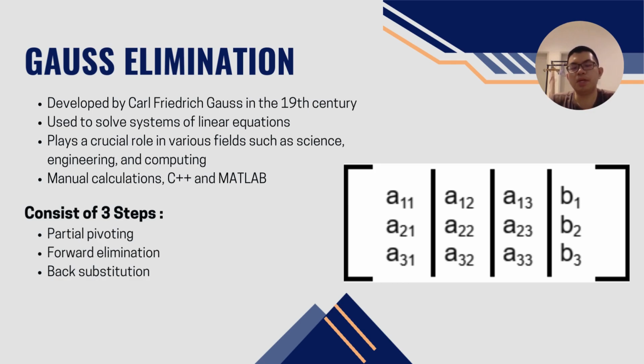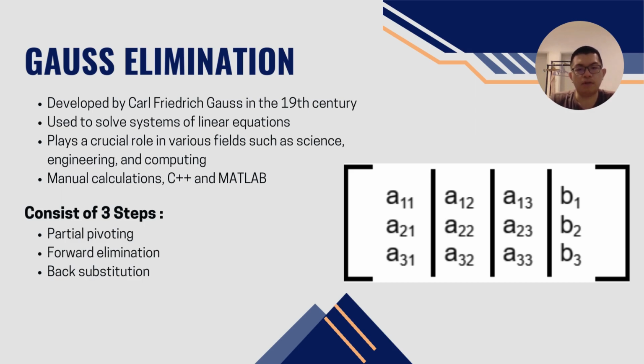Our exploration begins with an examination of the theoretical landscape of Gauss elimination, firmly rooted in the fundamental principles of linear algebra. Envision an augmented matrix where A signifies the coefficient matrix, X represents the vector of unknowns, and B stands for the right-hand side vector.